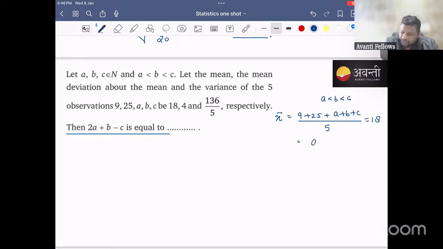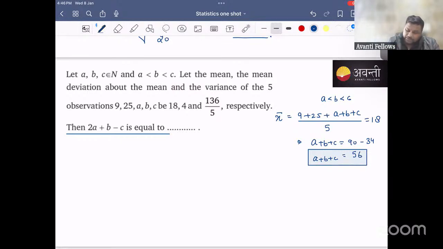So from there, I got A plus B plus C as 90 minus 25 and 9, that is 34, so A plus B plus C is 56. First condition.